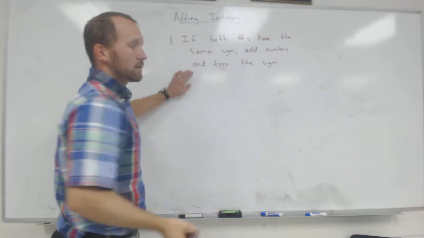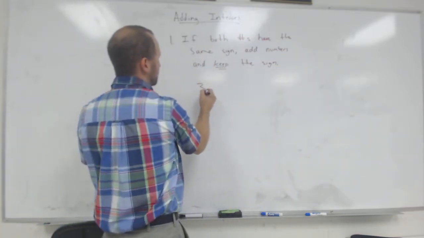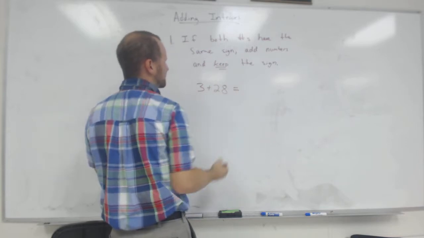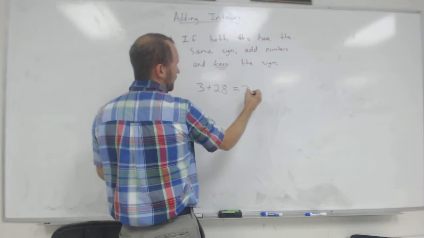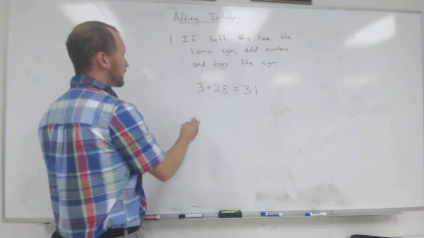So this is a rule that you've known forever for positive numbers. 3 plus 28 is 31. But it also applies for negative numbers.